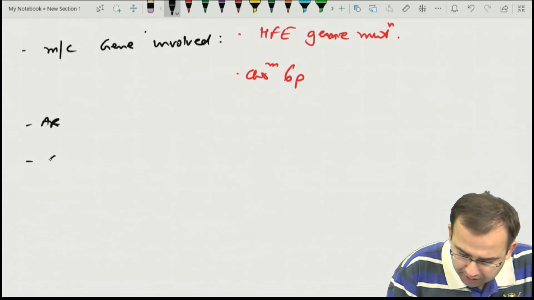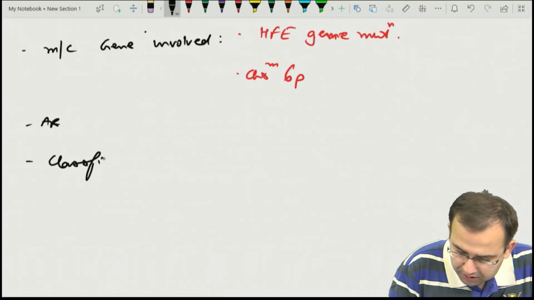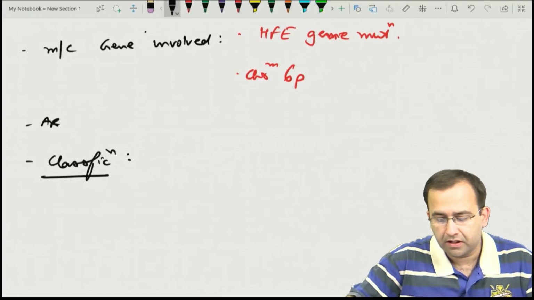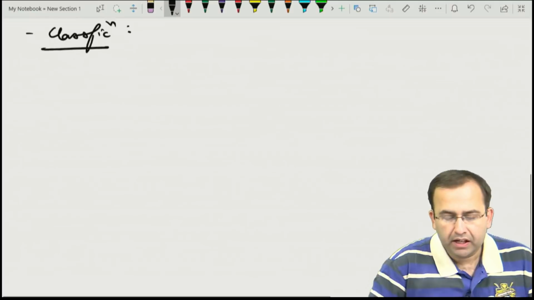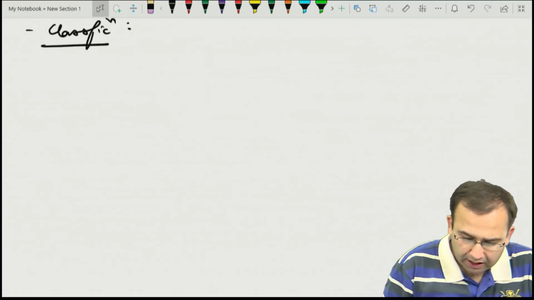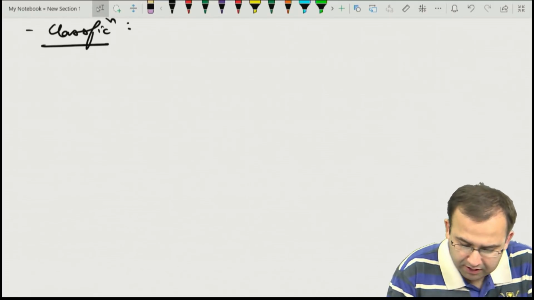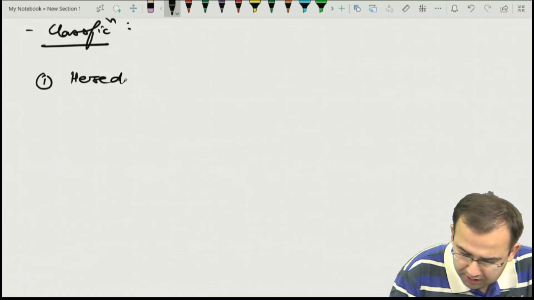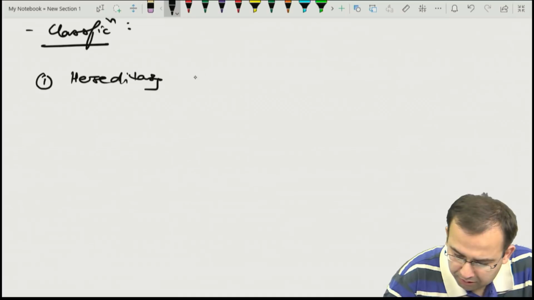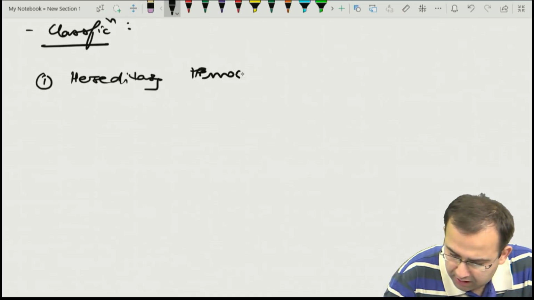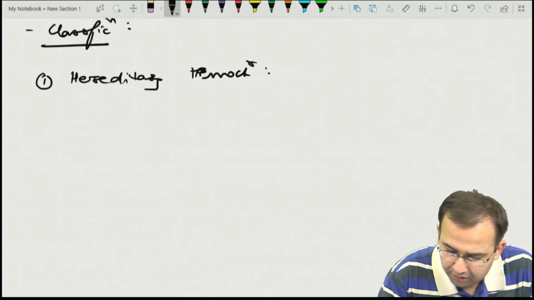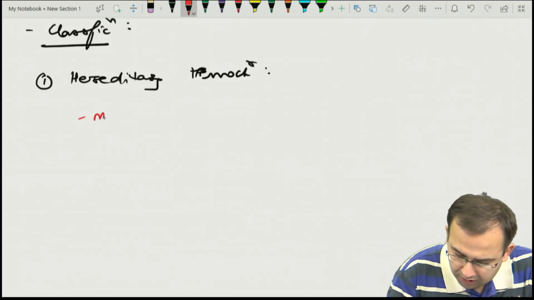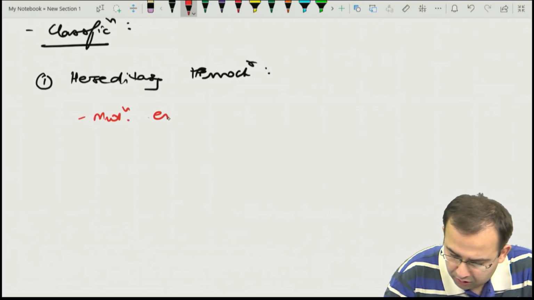Next point, classification of hemochromatosis. I can divide hemochromatosis into two main categories. The first is hereditary hemochromatosis, which is associated with mutations encoding the HFE gene.